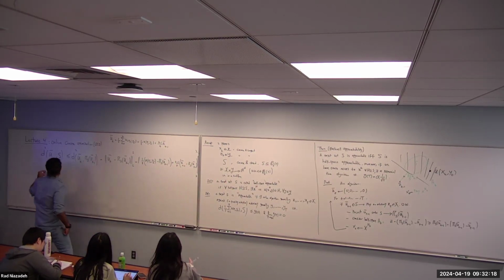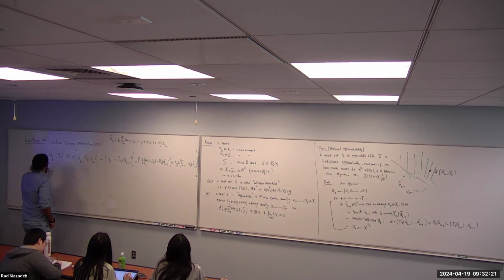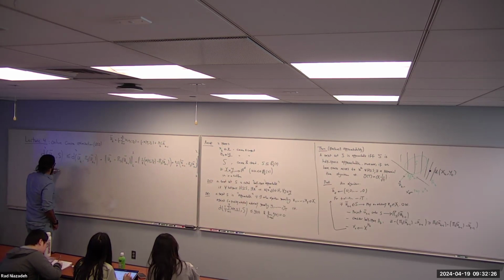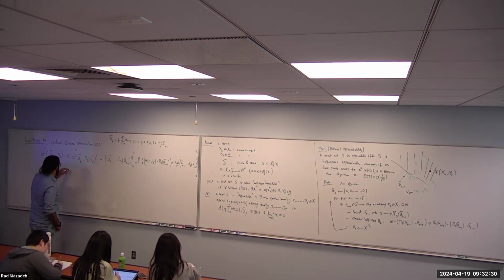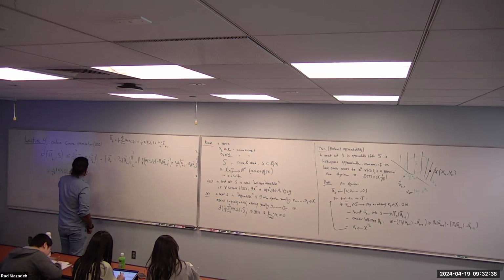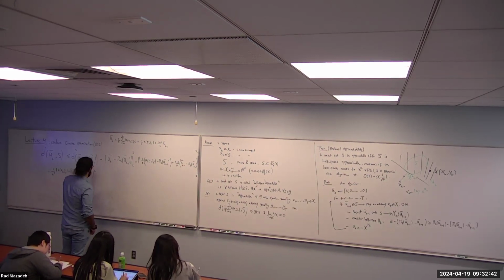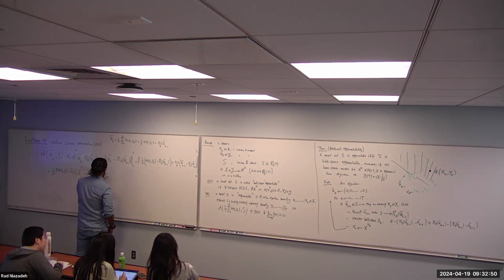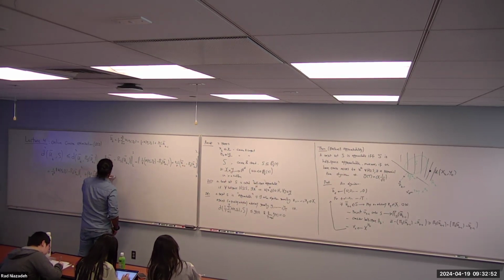All right, so let's write it down. It's going to be 1 over t squared times the norm 2 of u of x t, y t minus pi S of u bar t minus 1, squared, plus t minus 1 over t squared times the norm 2 of u bar t minus 1 minus pi S of u bar t minus 1, squared.